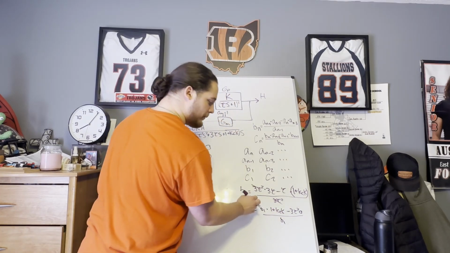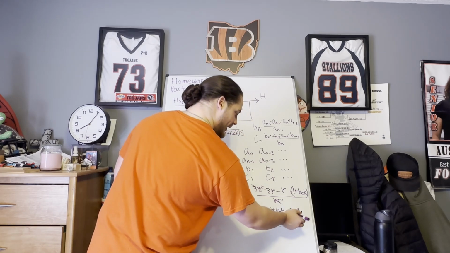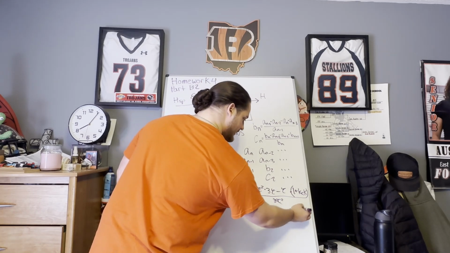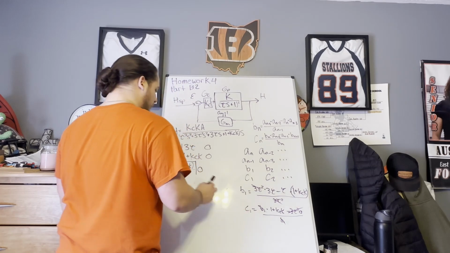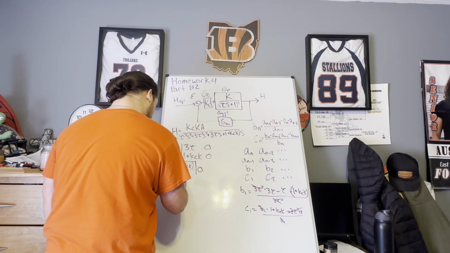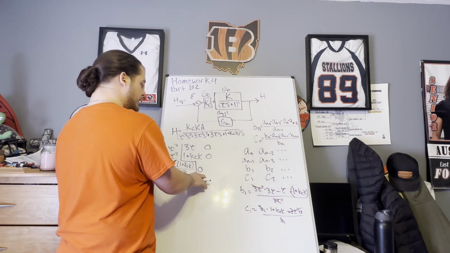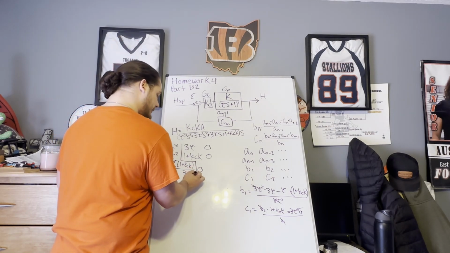So you can see that we have B1 in the numerator and denominator, so we can go ahead and cancel those out. And then our 3 tau squared is multiplying by 0. So for our C1, we will be left with 1 plus kck. And then for our C2 term, similarly, we will end up with 0.